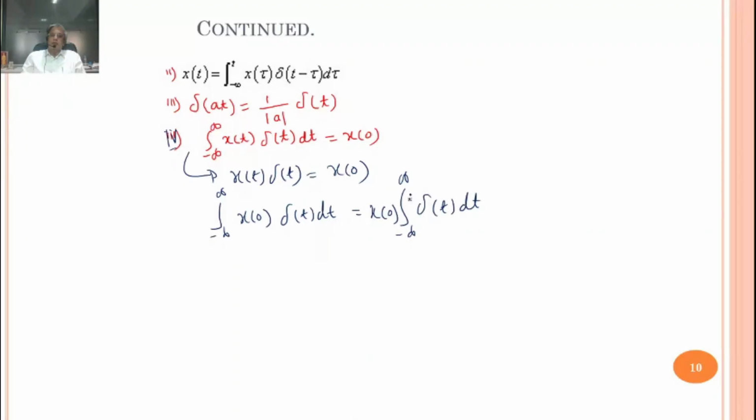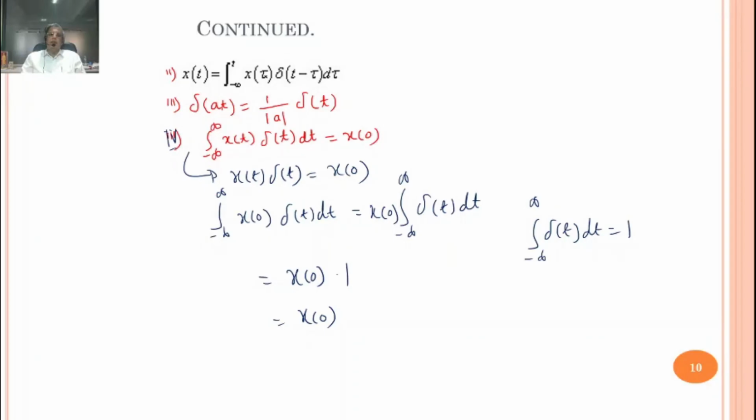It is 1, because the area under the curve of the impulse signal is 1. Hence we write x of 0 into 1, which equals x of 0. Means if we multiply this signal with the delta function at the origin, we get that function only at t equal to 0.